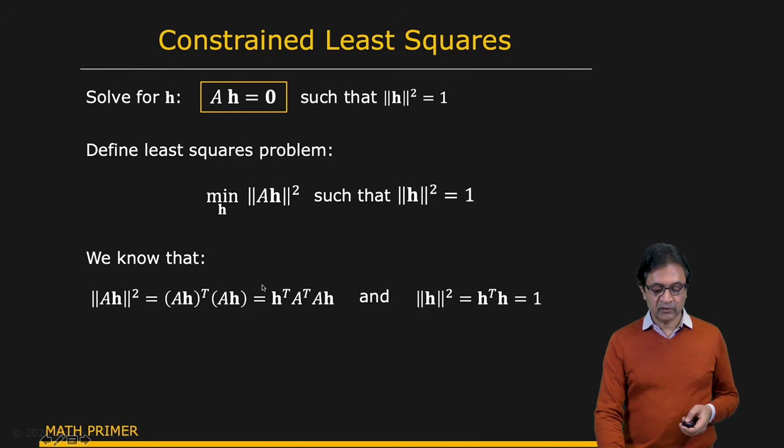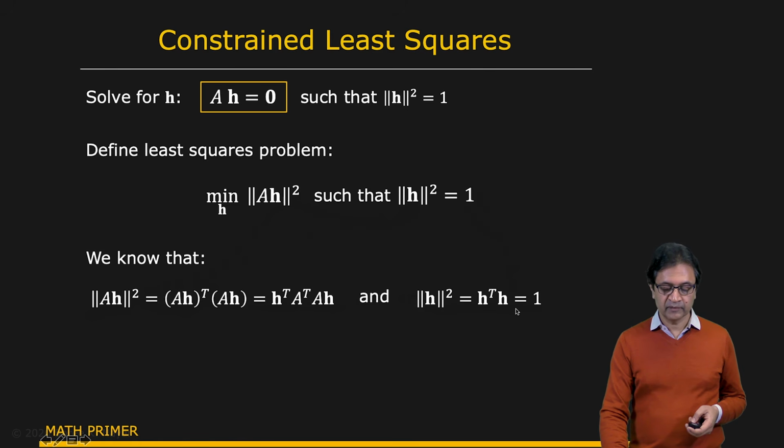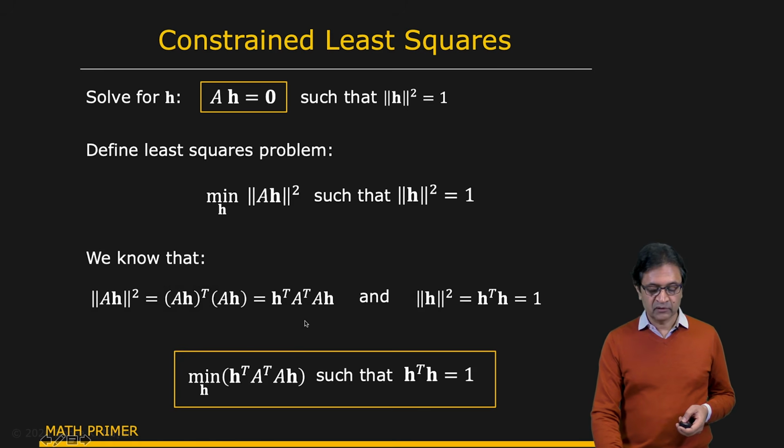And we can now rewrite these 2 terms as follows. The magnitude of AH squared is equal to (AH) transpose times AH, which is equal to H transpose A transpose A H. And the magnitude of H squared can be written as H transpose H, which is equal to 1 right here. So that's what we want to do.